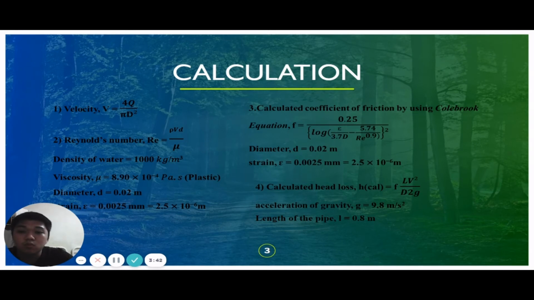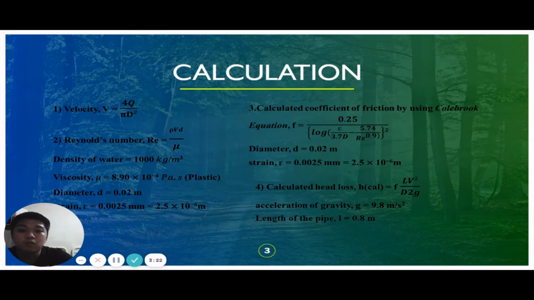Rho is equal to 1000 kg per meter cubed, and the viscosity is 8.9 times 10 to the power of negative 4 Pascal-seconds for the plastic, and the diameter is 0.02.